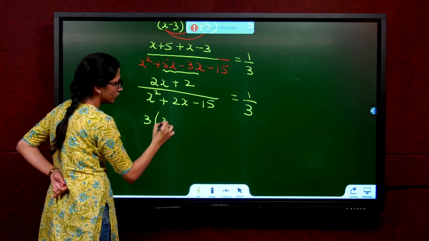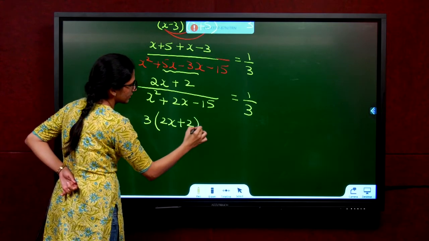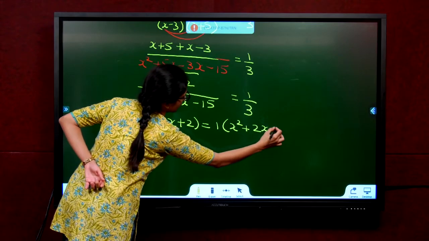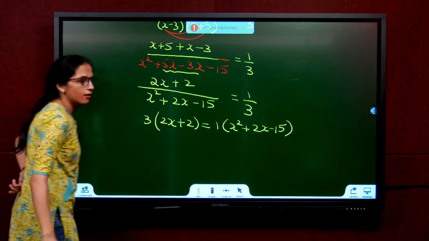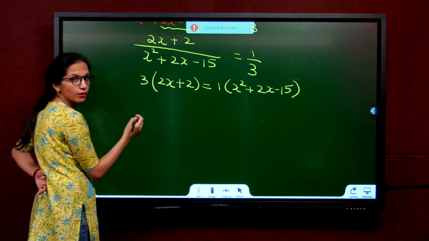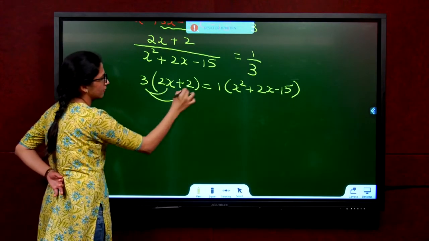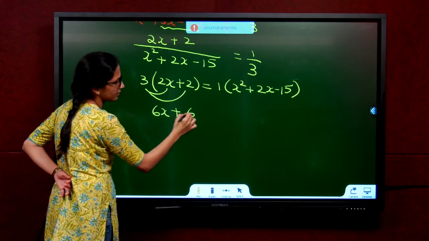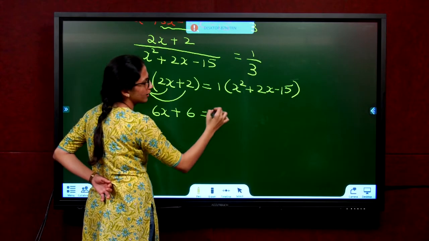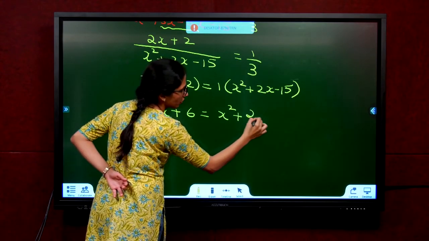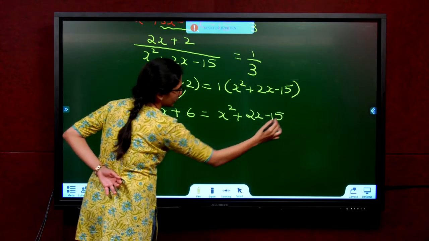So 3 into 2x plus 2 is equal to 1 into x square plus 2x minus 15. Now normal multiplication, 3 into 2x, 6x, 3 into 2, 6, is equal to 1 into anything is that itself, x square plus 2x minus 15.